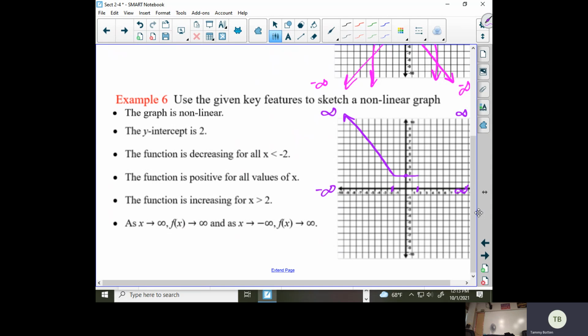Then it's increasing for all x greater than 2. So that's how I would draw it. Okay. And I wouldn't do a U shape on this one because with this one, when you have that flat part, you wouldn't do a U on it. So because this is a straight line, I would do straight lines there too.